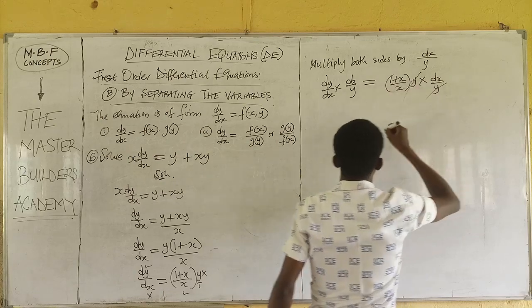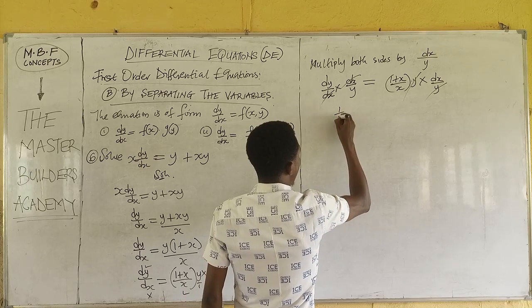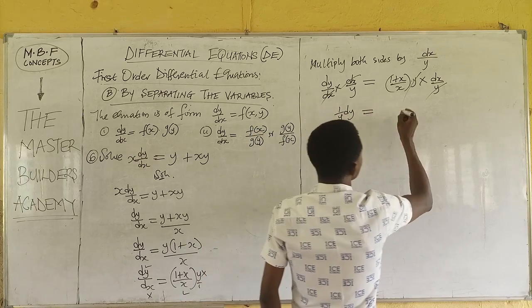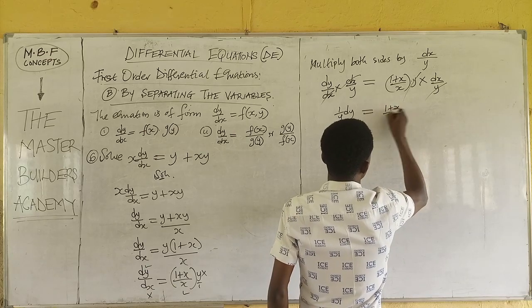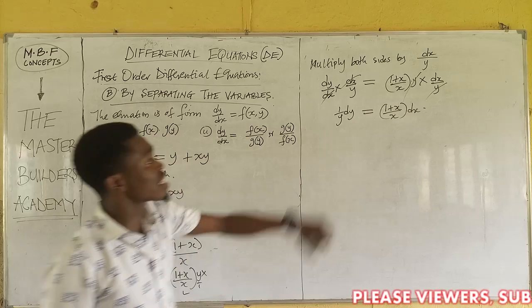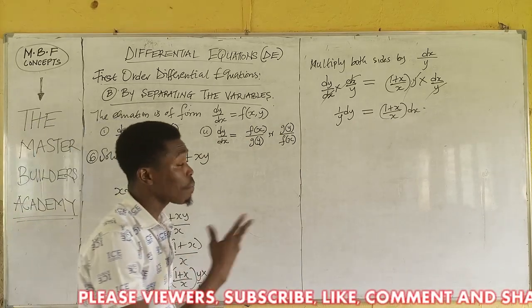So y takes care of y and x takes care of dx. At this point we have 1 over y dy is equal to (1 plus x) over x dx. So we have successfully separated x from y.